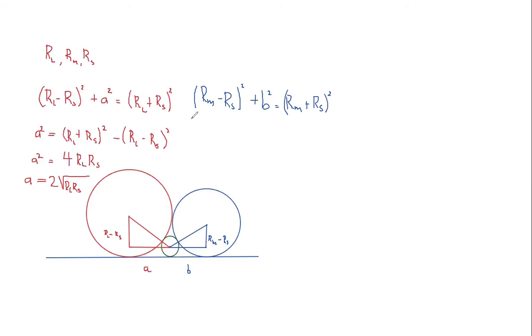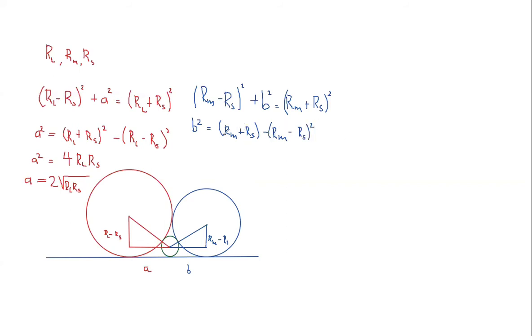Rearrange and simplify again. We have B squared is equal to (RM plus RS) squared, and we subtract (RM minus RS) quantity squared.